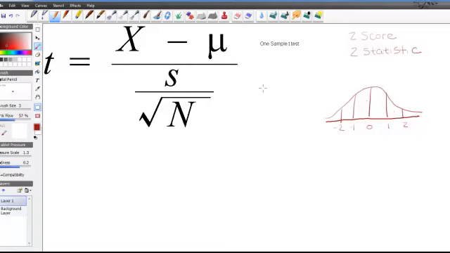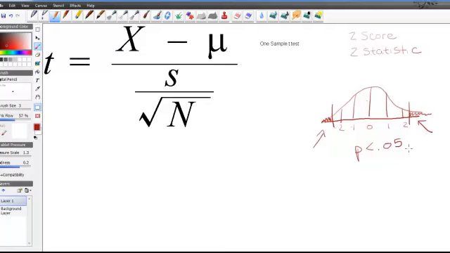So we can get our t-value, locate it on this curve, and then decide, okay, is this unlikely enough that we should count this as evidence for our alternative hypothesis? Can we reject the null hypothesis or not? And remember, that magical number is going to be p less than 0.05. What that means, looking at this picture, is that it needs to be in one of the tails of this distribution.